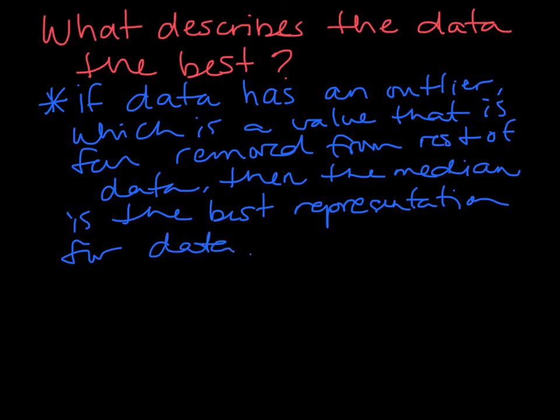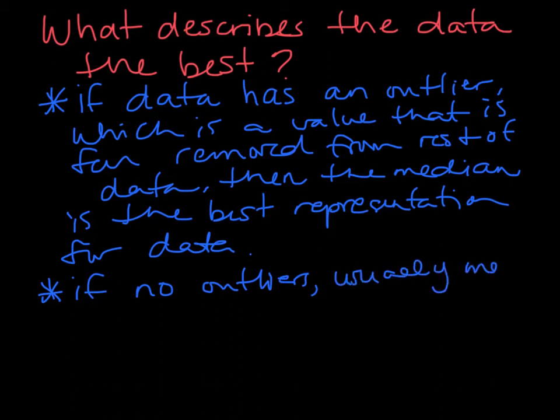If there are no outliers, usually the mean and the median come out about the same.